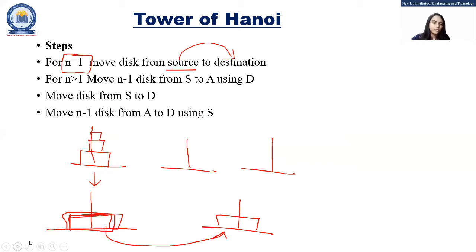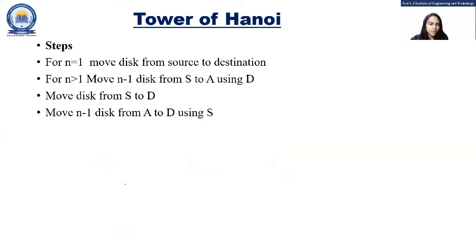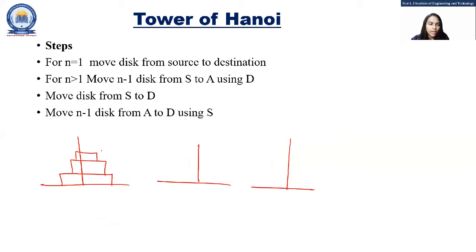So what is step 2? Step 2 is this situation, that it has more than one disk. In that scenario, what you have to do, students, is move n-1 disks, right? The last disk, which is the nth disk, whenever it is alone, that is whenever n is 1, will directly be shifted from source to destination.